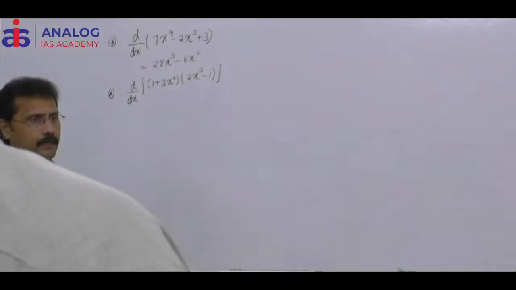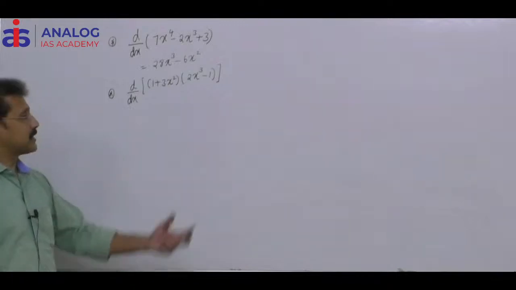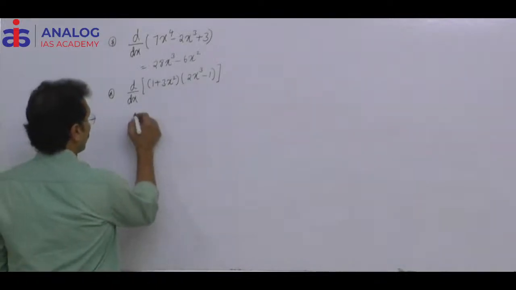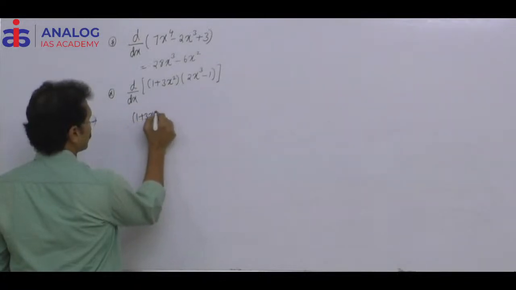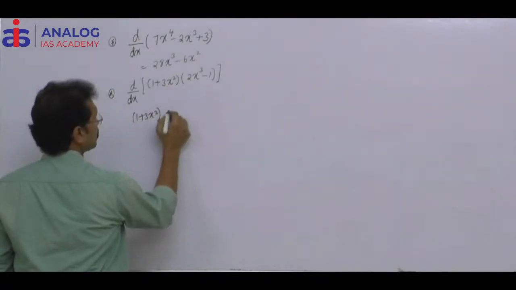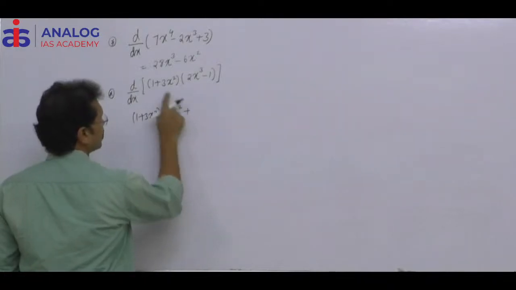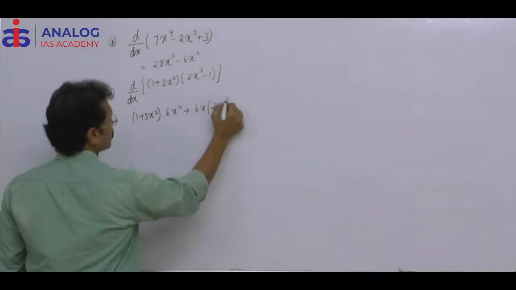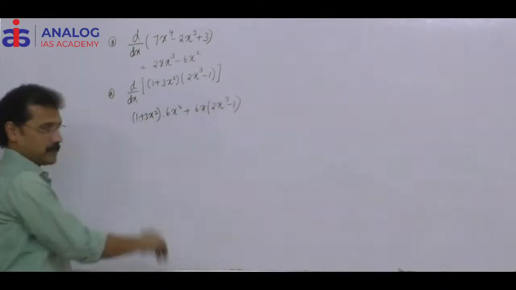Anyone else require a handout? Everyone got it, right? So quite obviously it is u v, therefore 1 plus 3x square into differentiation of this, which is 6x square, plus differentiation of this, 6x, into 2x cube minus 1, whatever it comes out to be.